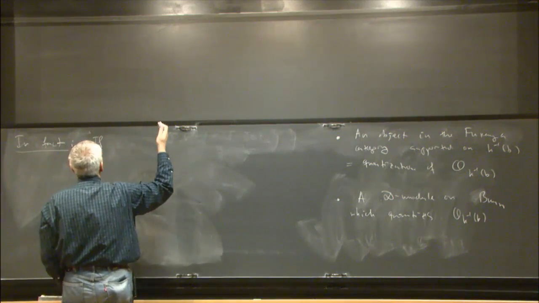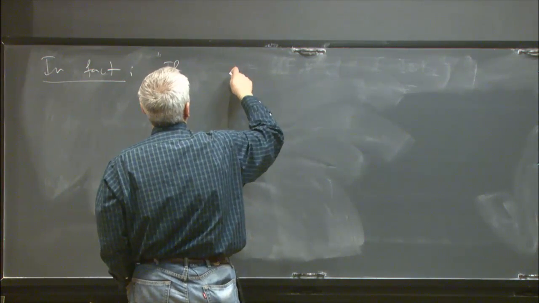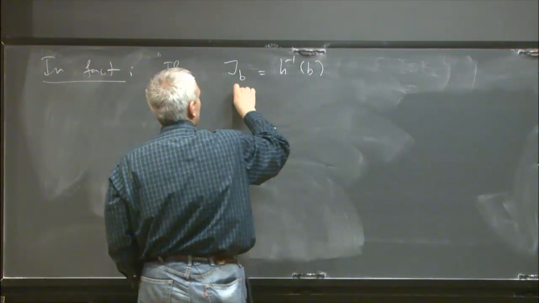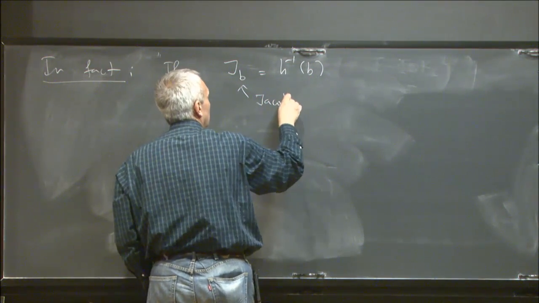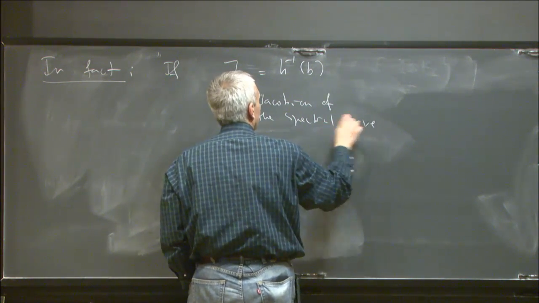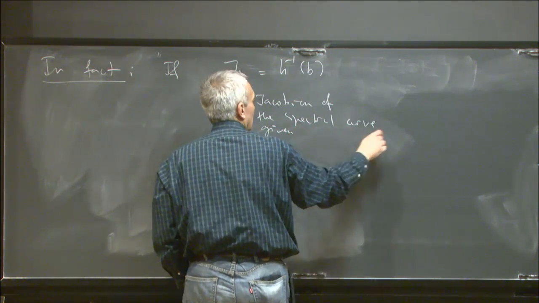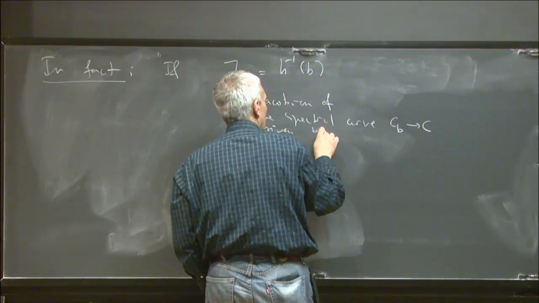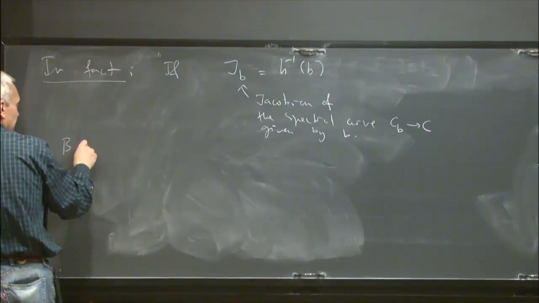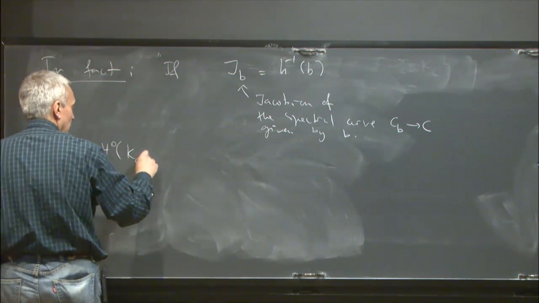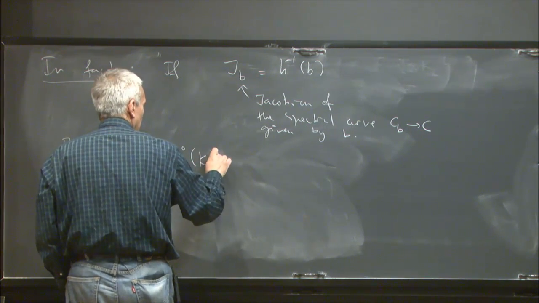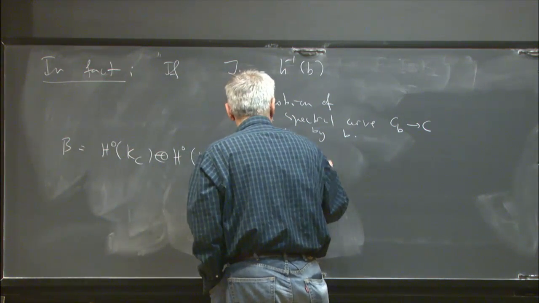So let me give a name to this Hitchin fiber because I'm going to call it J_B. So this is the Jacobian of the spectral curve given by B. Right, I didn't say what the Hitchin base is, but the Hitchin base is the sum of powers of the canonical bundle up to the rank.